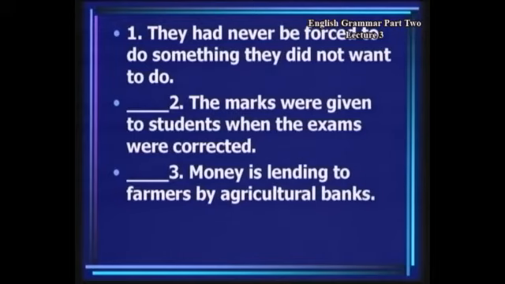Is lending is present continuous. So how do I say it in passive? I should have verb to be, and the verb lending must be in the past participle. So I say is being lent to farmers by agricultural banks.